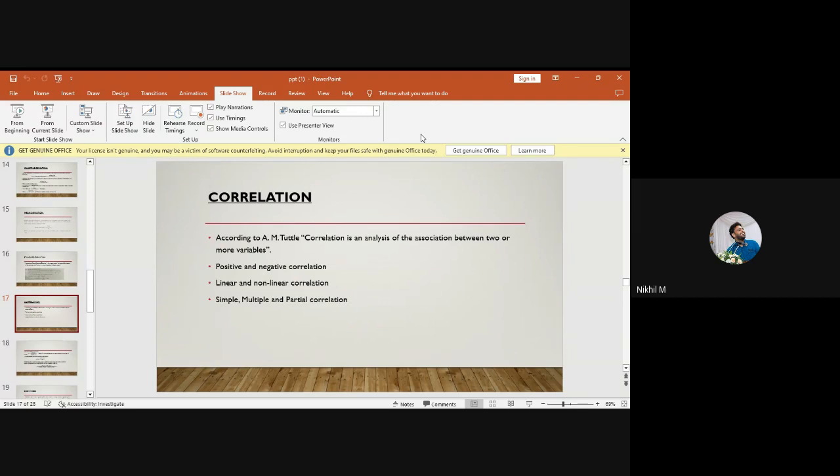Next, partial correlation: when one variable is related to a number of others, the correlation is not simple. Then the study of the relationship between the variables can depend on partial or multiple correlation. Similarly, multiple correlation means multiple variables are used.